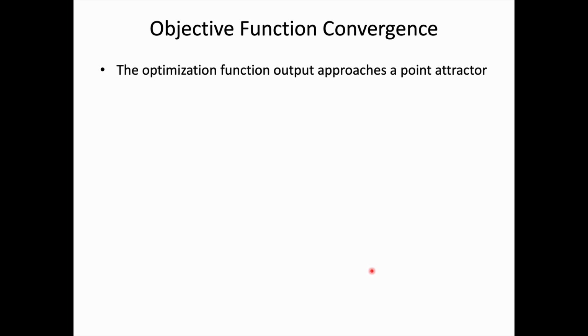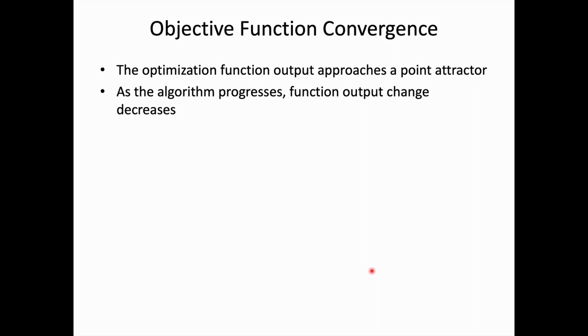Another type of convergence is objective function convergence. The optimization function output approaches a point attractor in this case, or in other words, as the algorithm progresses, the amount the output of the function changes decreases.